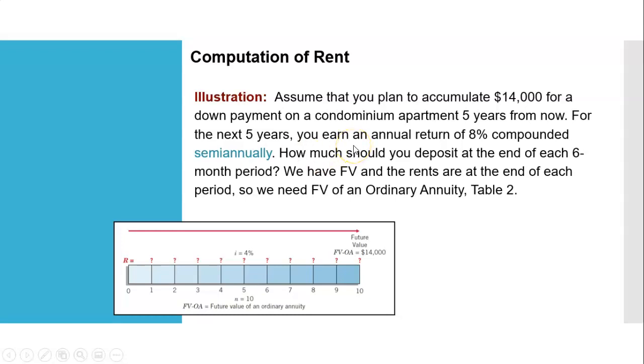And we took the number of years, 5 years, and we multiplied by 2. So our N is 10. So we're going to see FV equals R times table 2. And for our table, we're going to look up 4% interest, 10 periods.